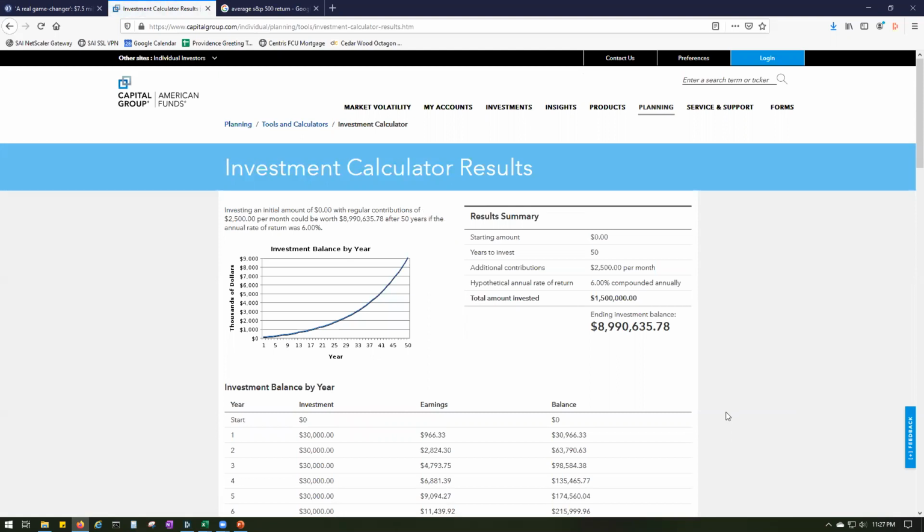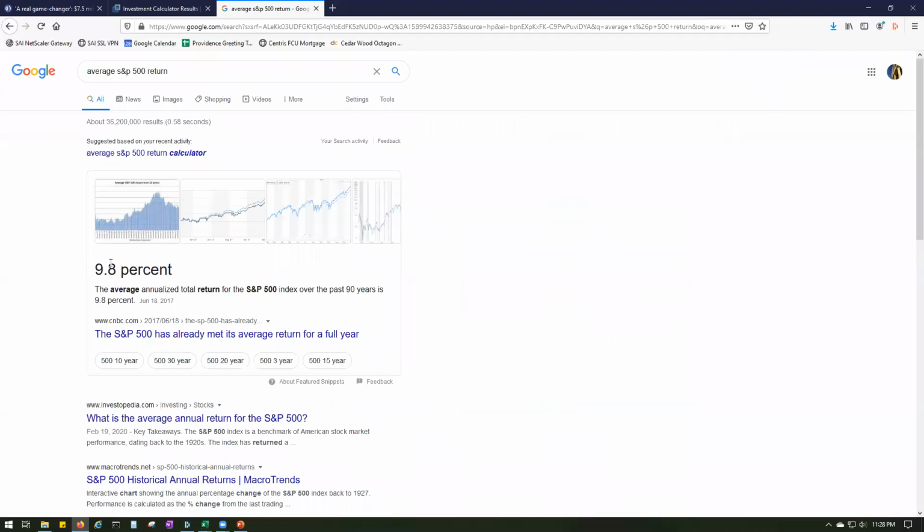Again, I don't know what she was investing in or how much or how long, but I wanted to run this exercise through so you can see the potential of compound interest over time. The average S&P return is 9.8%. I use 6%, again just being conservative, because we don't know what the market's going to do. But over the past 90 years, that's what it's averaged.